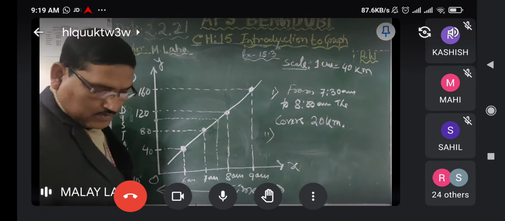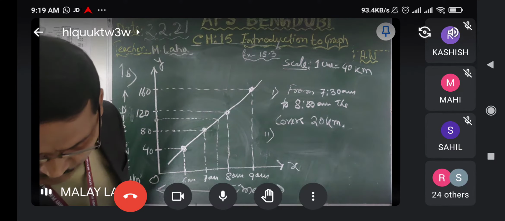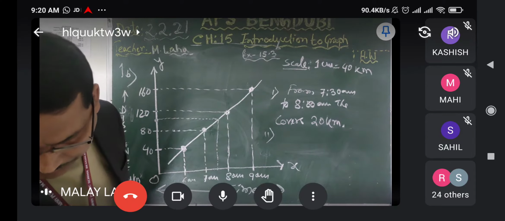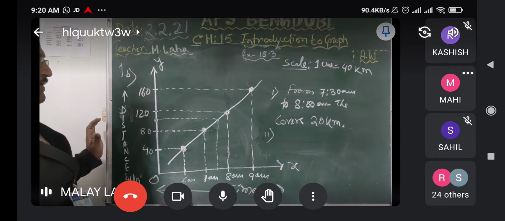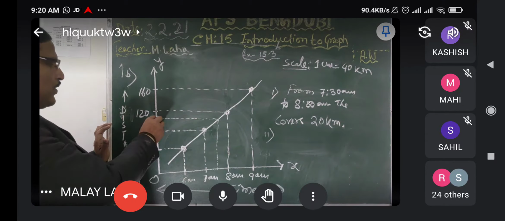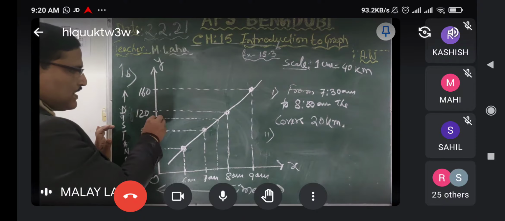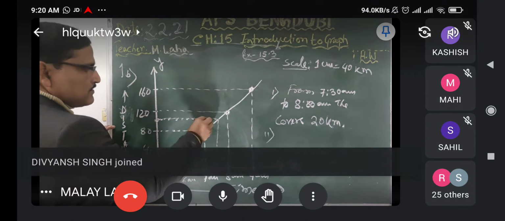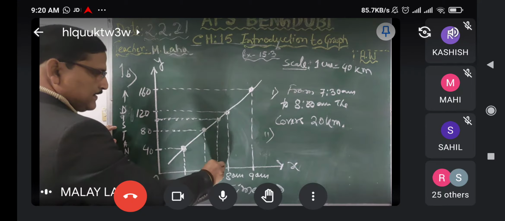Now second point question: what was the time when the car had covered distance 100 kilometer since its start? What was the time when it covers 100 kilometer? It's the reverse way, same answer, reverse way. Where is 100? Here you have to draw a perpendicular line on this point, meeting here, and again from here draw a perpendicular line.